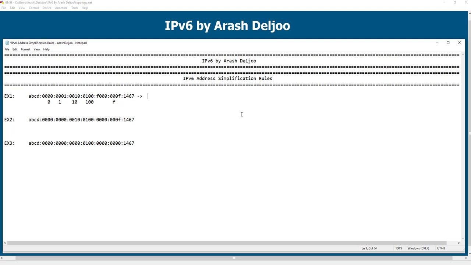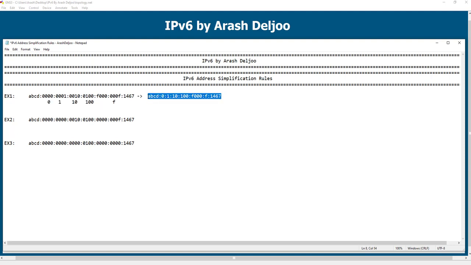Now, you can write this IPv6 address with this notation: ABCD colon 0, then 1, then 10, then 100, then F000, then F, then 1467. That's it. 1, 2, 3, 4, 5, 6, 7, 8 hex states.